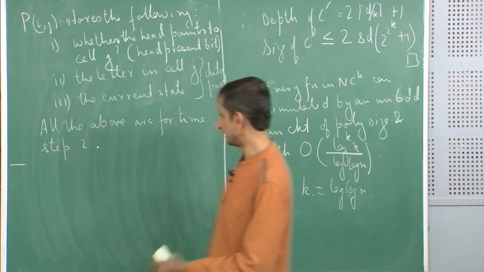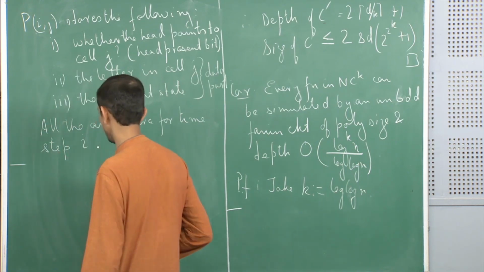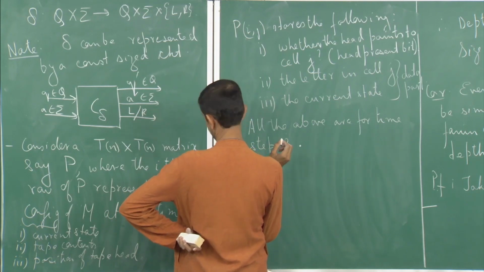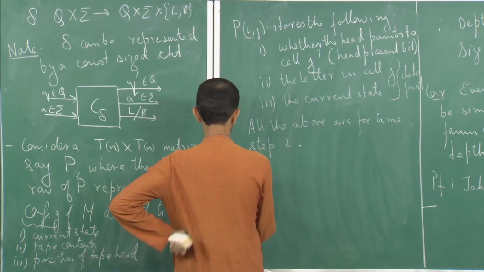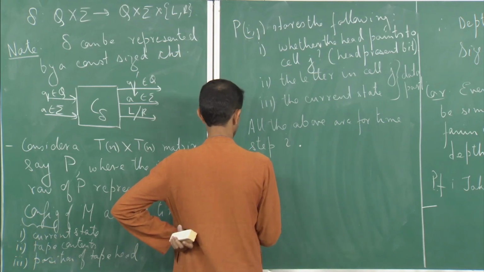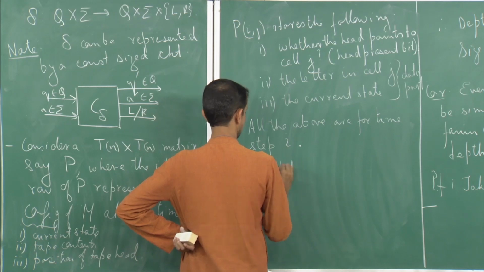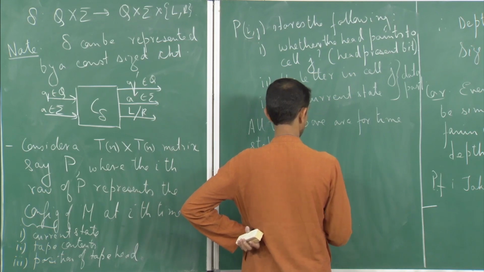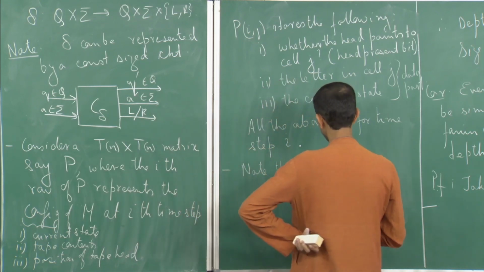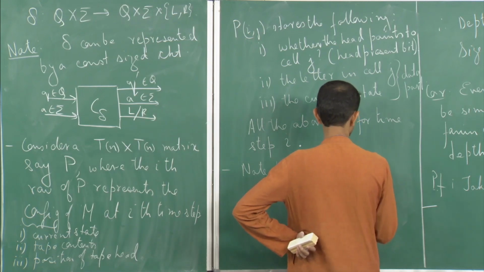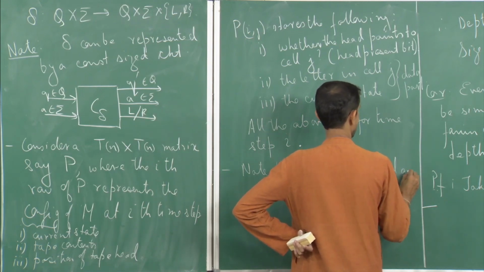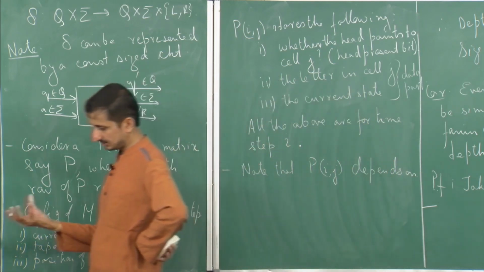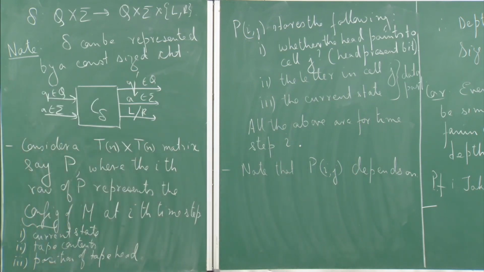So, now we will see how we design a circuit. The next step is, note that any entry of Pij, what does it depend on? What does an entry of this matrix depend on?